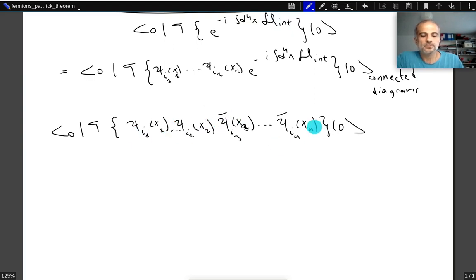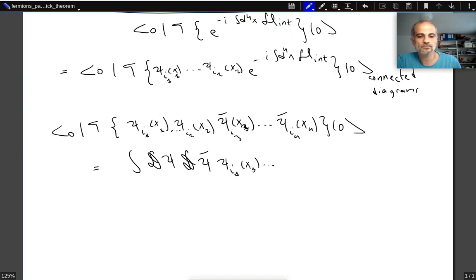Well, this brings us to how we can calculate this time-ordered product, and we can write this as a path integral. In fact, this can be written as ∫Dψ, or all these fields, ψ_I1(x1), ψ̄_I4(x4), and then e to the power i times whatever action we have.